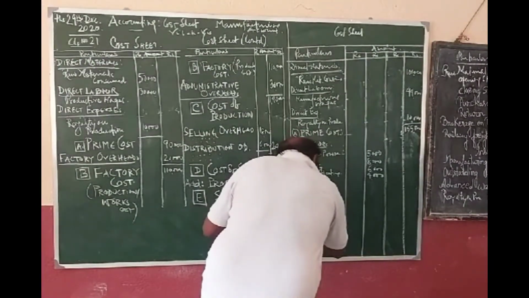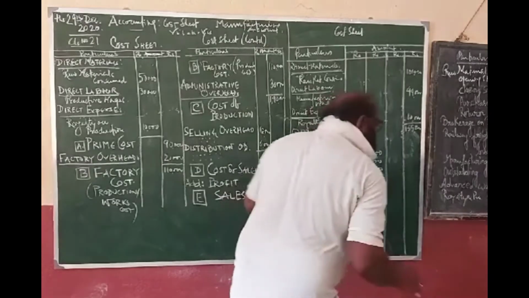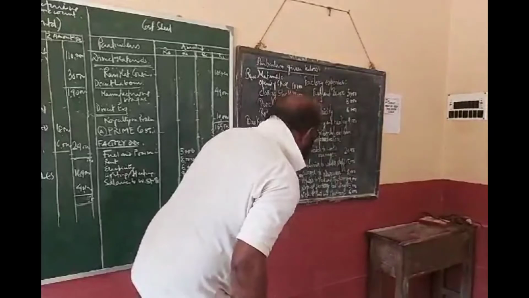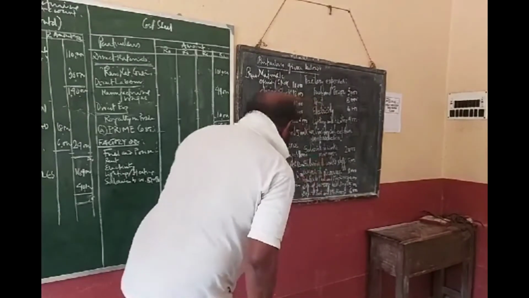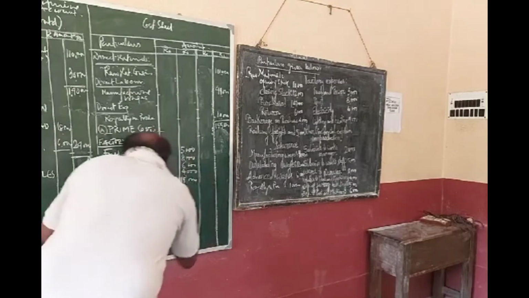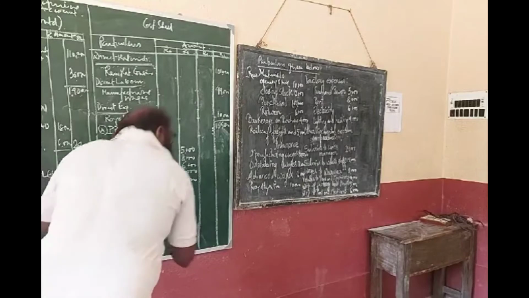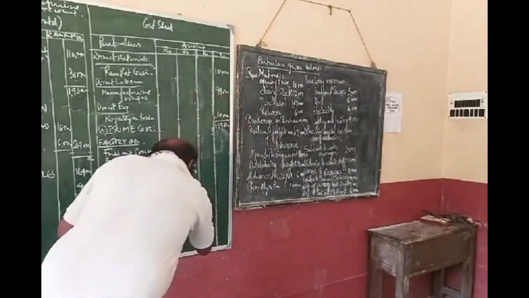Salaries to WST, work staff. How much? It is 15,000. And salaries to works manager, it is 20,000.